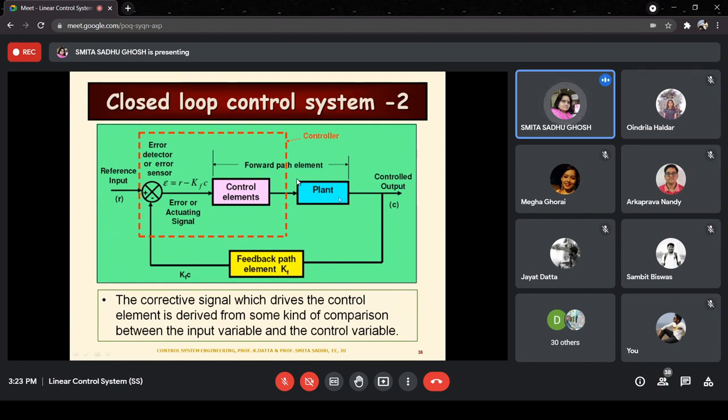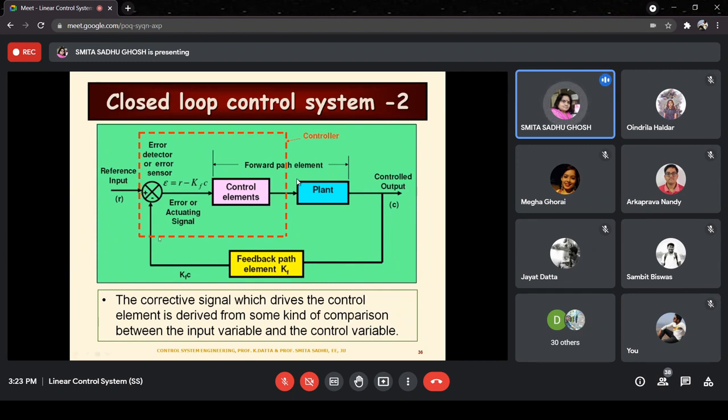Say, for example, if the position is at a particular value and that is equal to the desired value, then no further change in the position will be required. So naturally, the driving signal over here will become equal to 0. Because this is a corrective signal, it will have a non-zero value as long as there exists a difference between the input and the output.